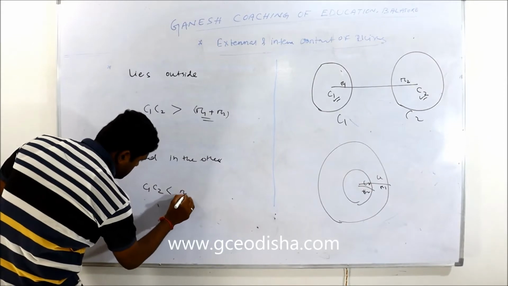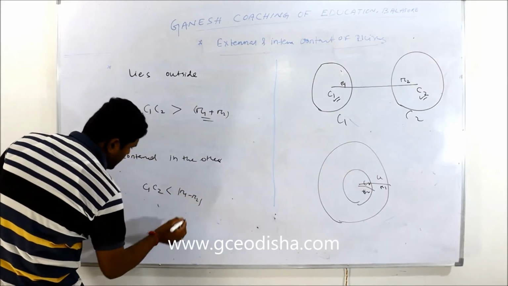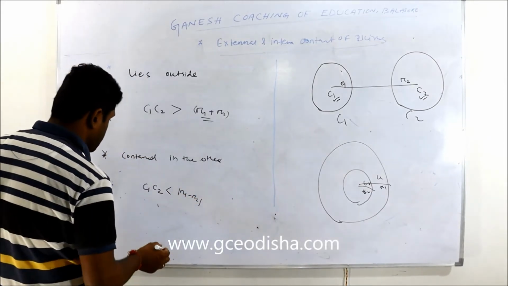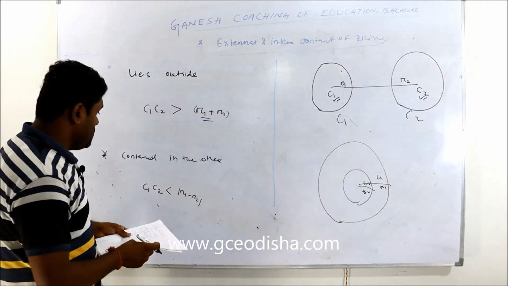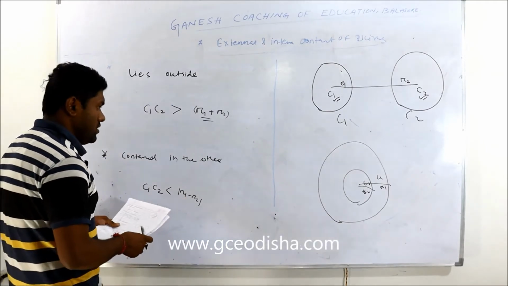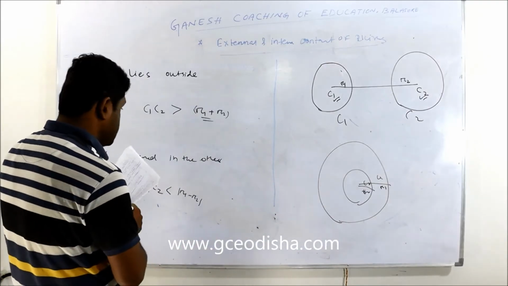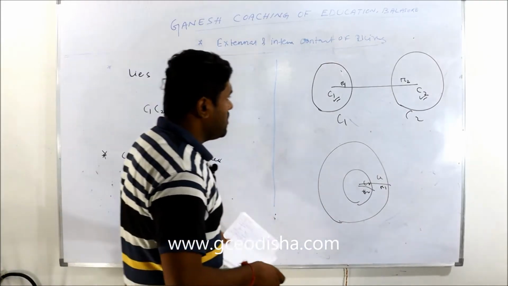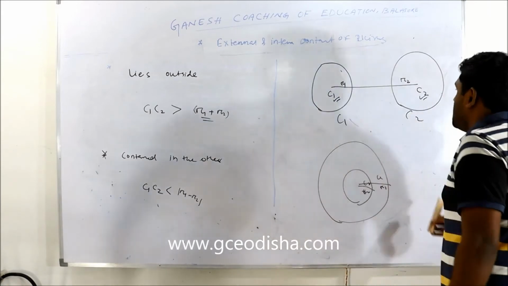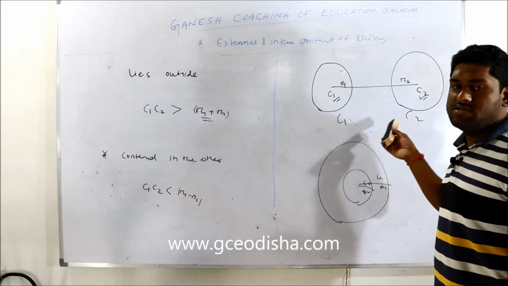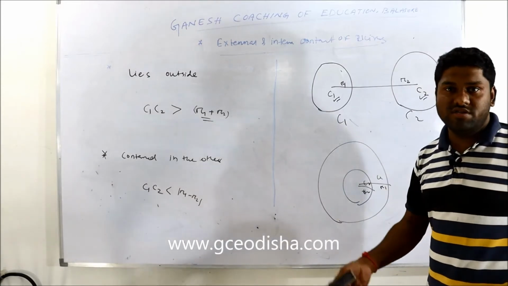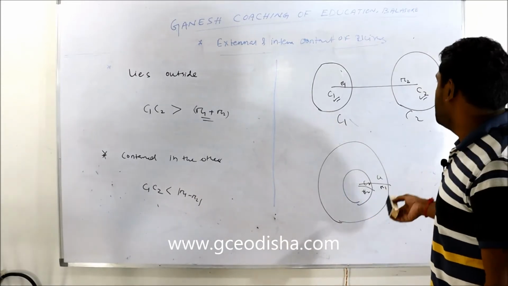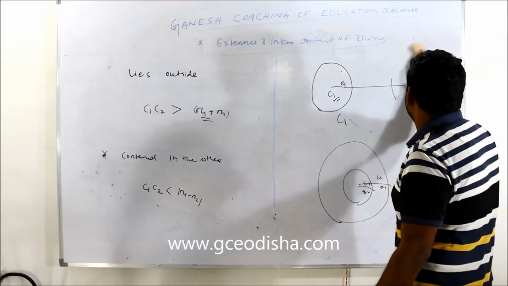C1C2 is less than R1 minus R2, the difference between the two radii. Okay, this is the fifth condition. The question will come directly: they may give two points and the radii, and you find whether they lie outside, touch each other, touch internally, or whatever.